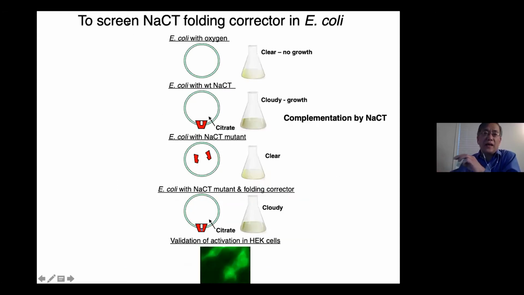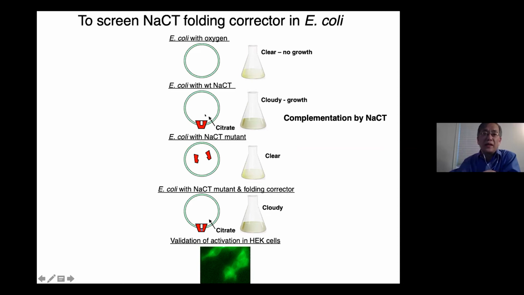So David had this idea to express NaCT in E. coli cells in order to screen for small molecule drugs. When there's no functional transporter in E. coli, the cell will not grow, so the media will remain clear.